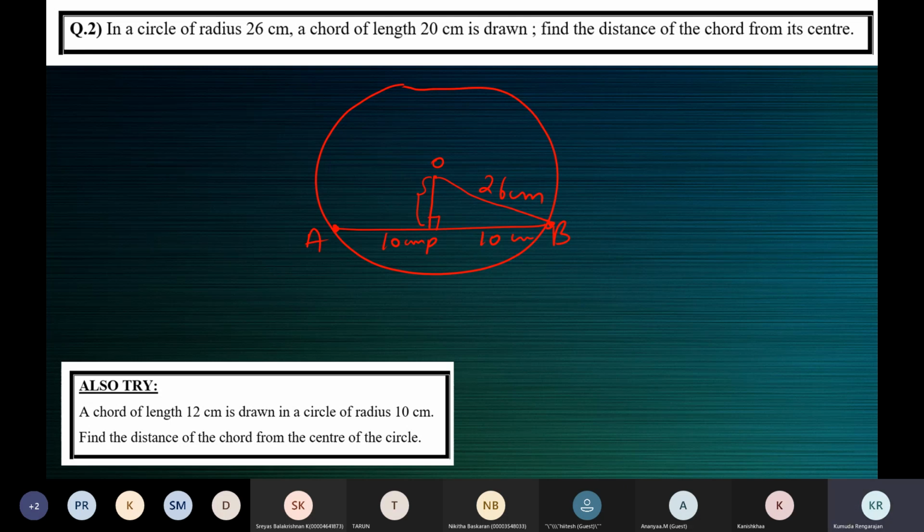Did Shreyas and Kanishka give me this answer, 24 centimeters? Yes, ma'am, I got 24 centimeters. Okay, fine, that's right. Yes, ma'am, I too got the same. Okay, very good, very good. That's right.